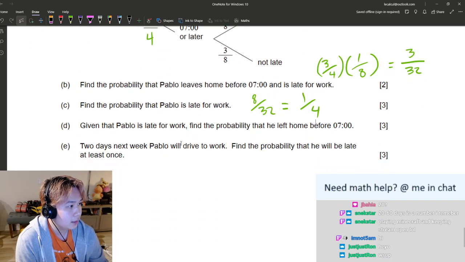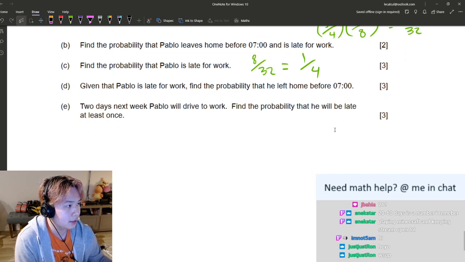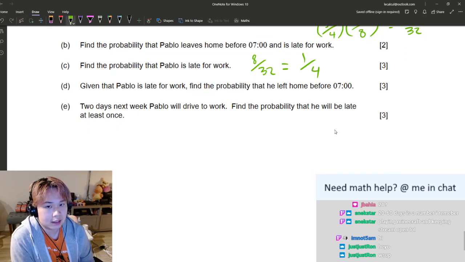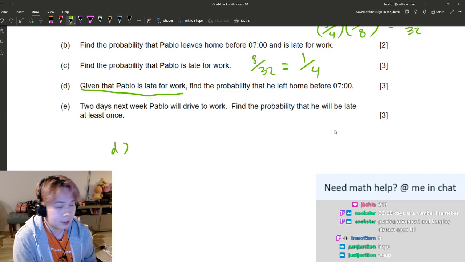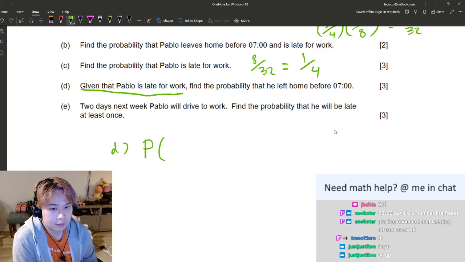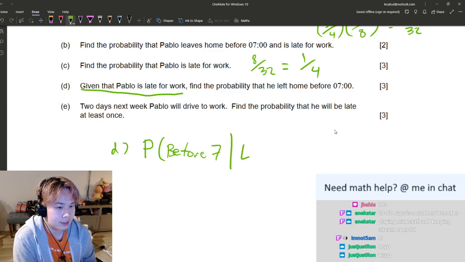Okay, then given that he's late for work, so now we know he's late, find the probability that he left home before 7. So this is a conditional probability question because they've told you something that has happened. And we do have a conditional probability formula, but let's just say we want to find the probability of before 7 given that he's already late.